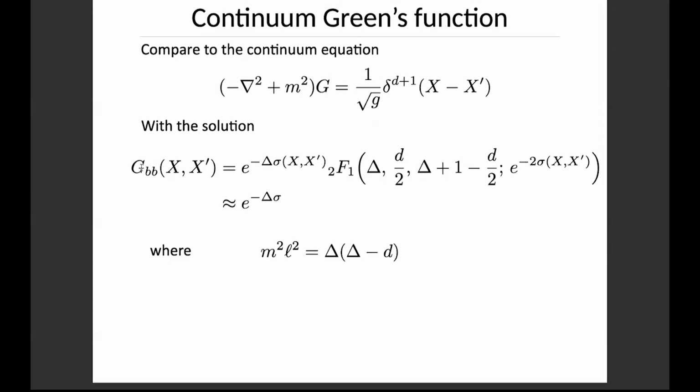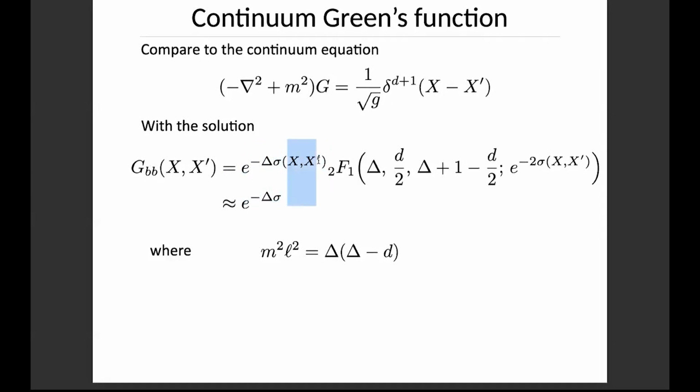The exact analytic solution we're going to be comparing this to has an exponential term. Sigma here is just the geodesic, the distance between two points. So if you take a point at the center of the lattice and another point farther away, sigma is the geodesic between those two points, x and x prime.